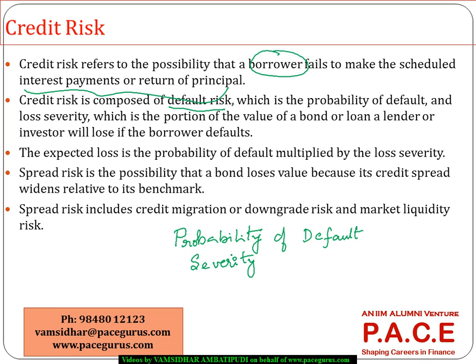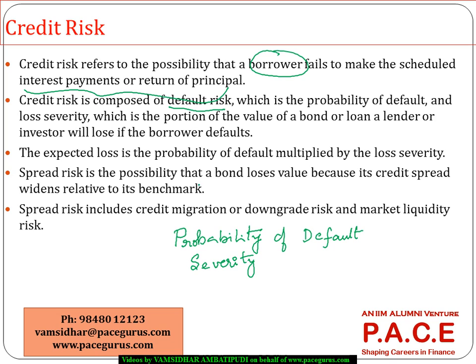These two are very important in assessing the creditworthiness of any party. If the loan amount is very small, the severity could be much smaller. Or if this party never defaulted, the probability of default could be much smaller.